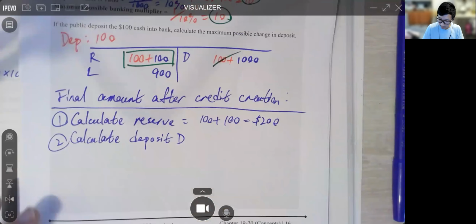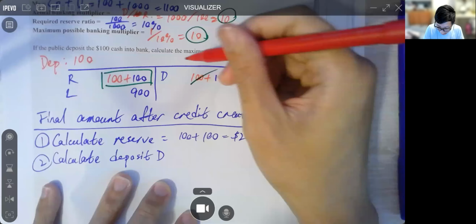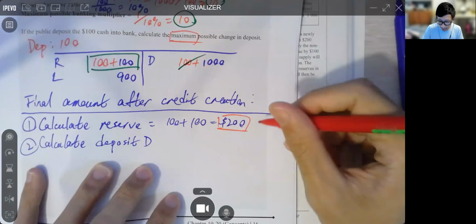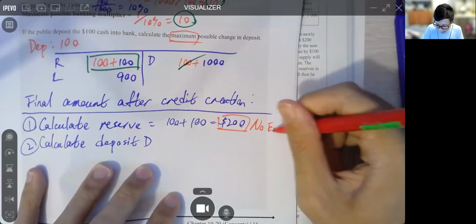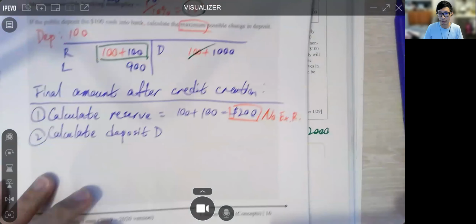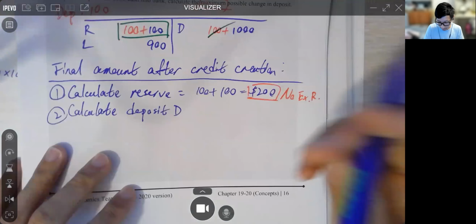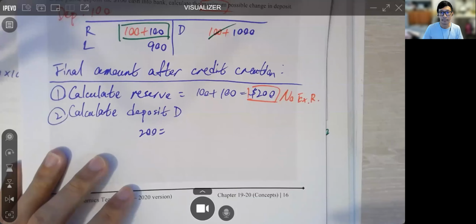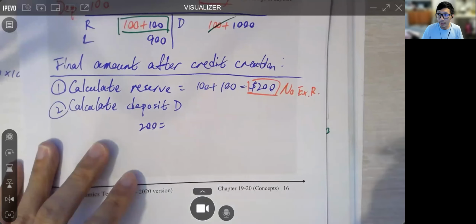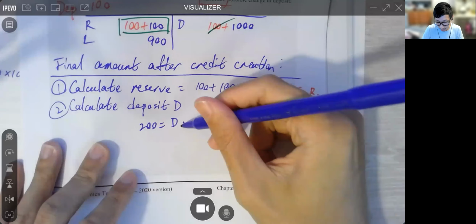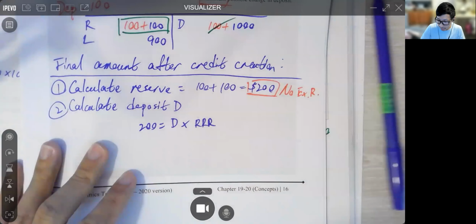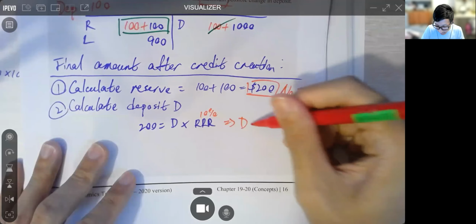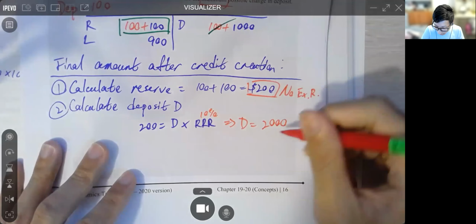And here, since we are talking about maximum possible change, so by maximum, this one should have no excess reserve. Therefore, we know that 200 is already the minimum reserve. 點解 minimum reserve 啊？Deposit times RRR. So in our case, RRR is 10%. We know that deposit will be 2,000 in our case.